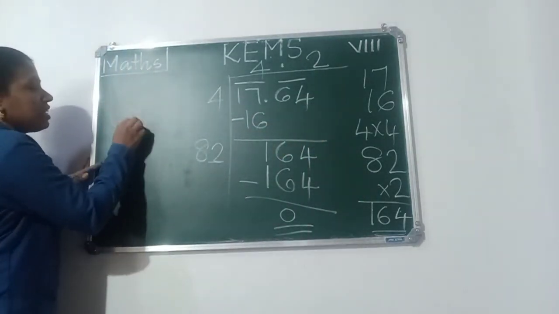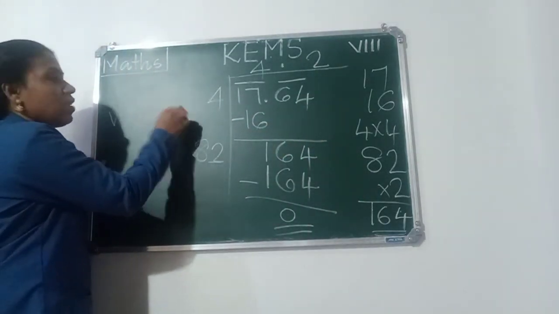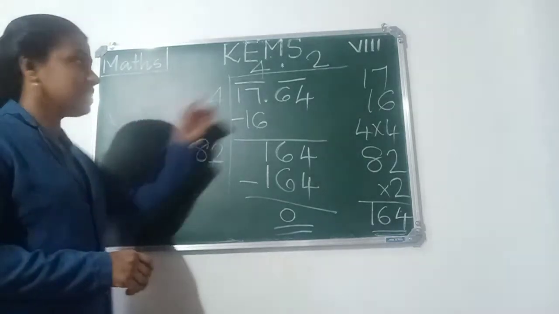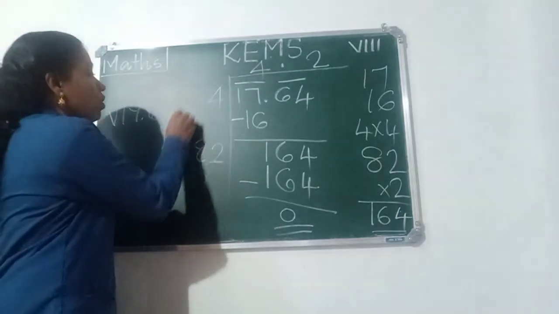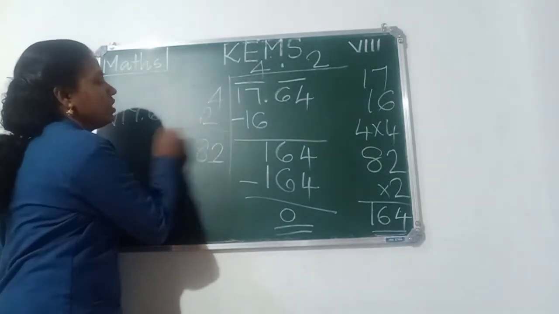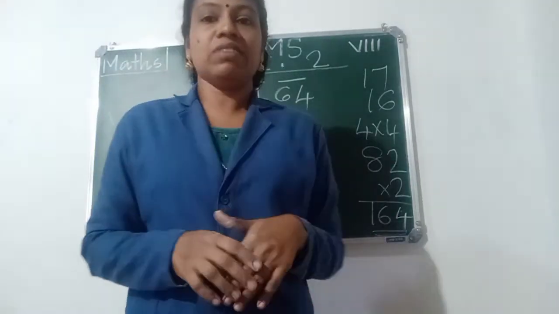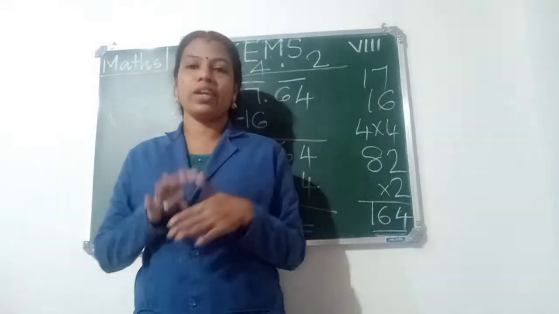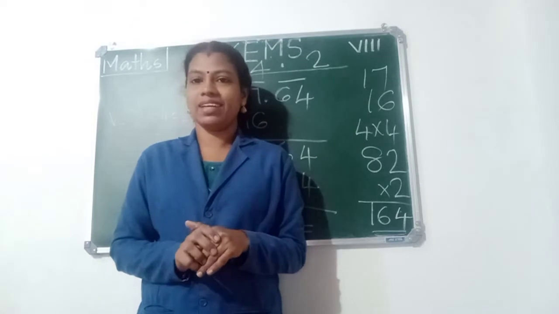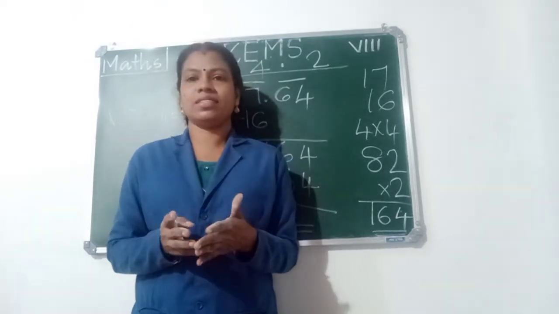Square root of 17.64 equal to, what is it? It is not 42, it is 4.2. The square root of the number 17.64 is 4.2. Okay, clear? Yes.